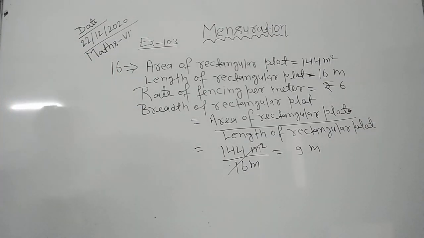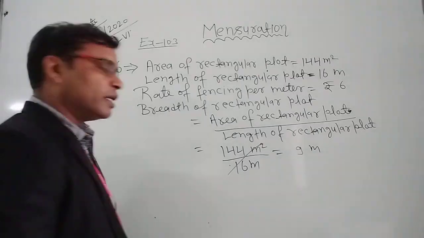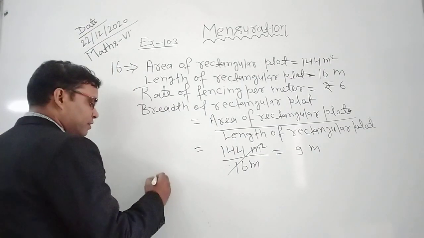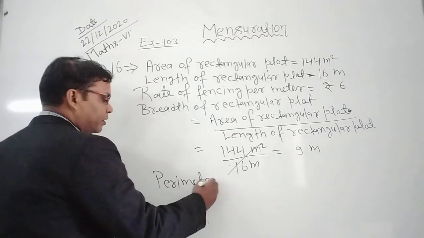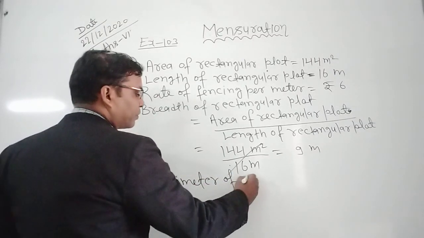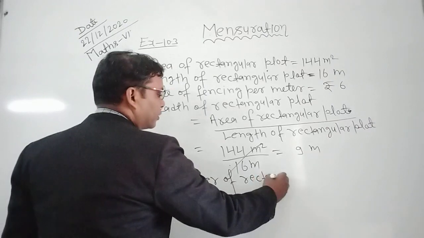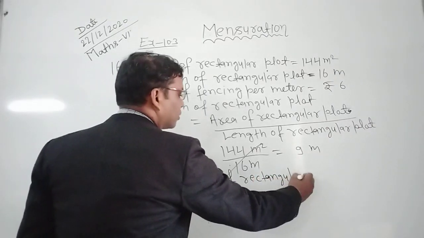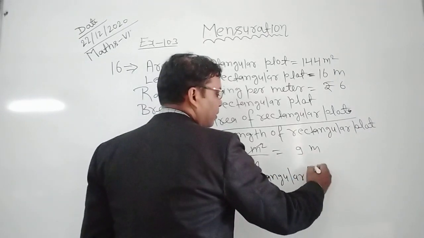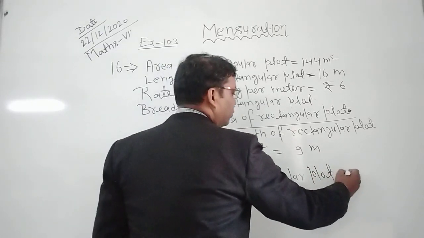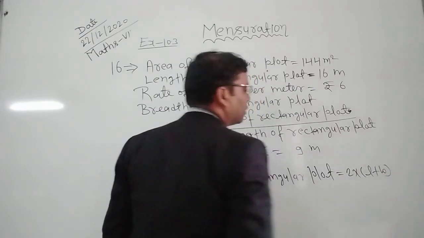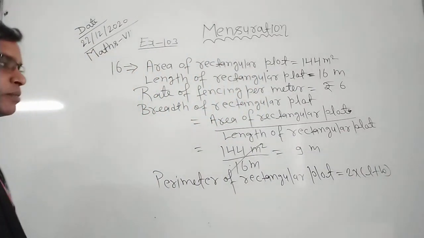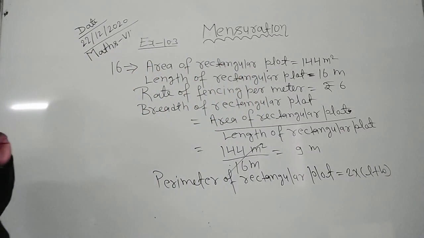After this, you find perimeter of this rectangular plot. So here perimeter of a rectangular plot is equal to 2 into length plus breadth. 2 into length plus breadth is the perimeter of a rectangular plot.